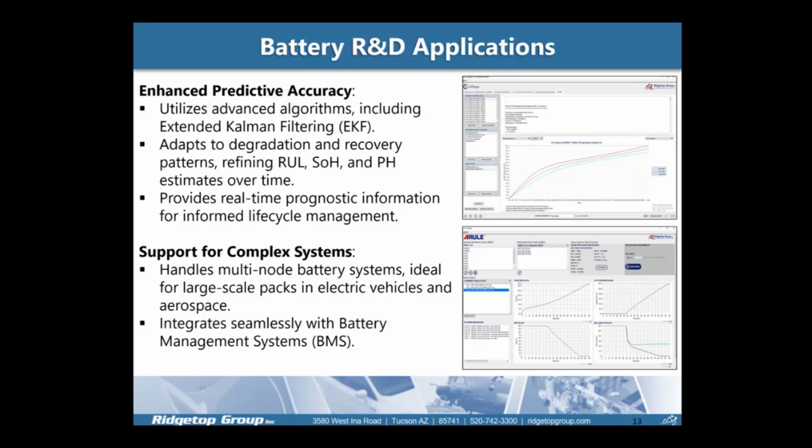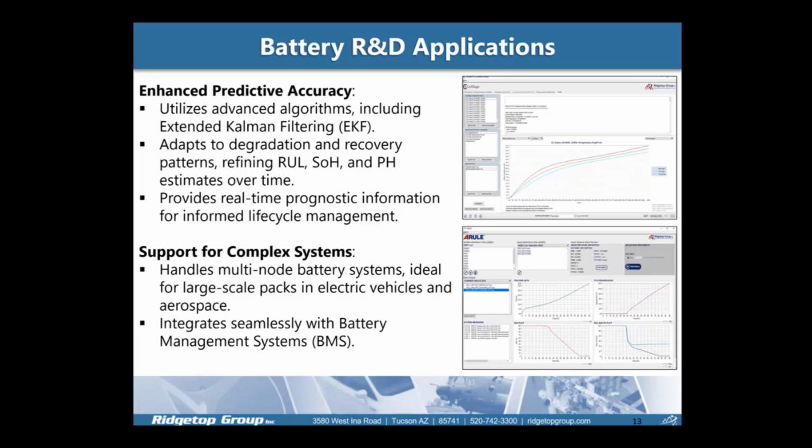And here we can see, based on processing that data with the modern ARULE GUI, we can get a very clear, linear progression for the state of health plot, which is shown in the lower left plot of the image for ARULE.